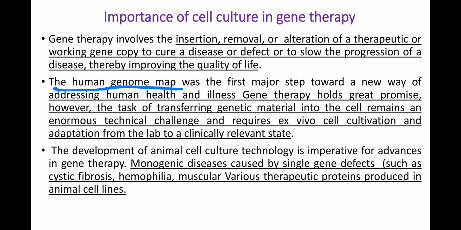Single gene defects show up as cystic fibrosis, hemophilia, muscular dystrophy, with therapeutic protein produced in the animal cell line. The use of this solution solves the disease problem, and this specific technology advances the importance of gene therapy.